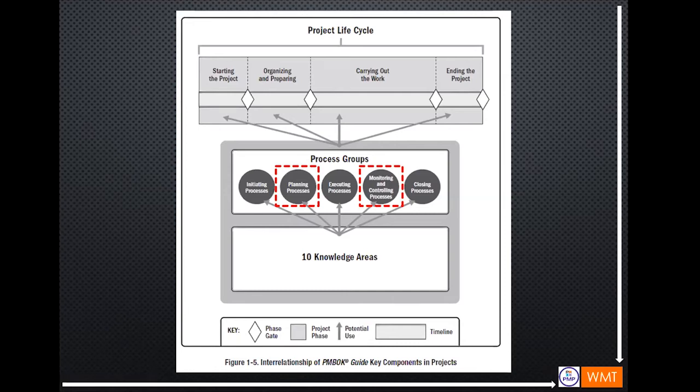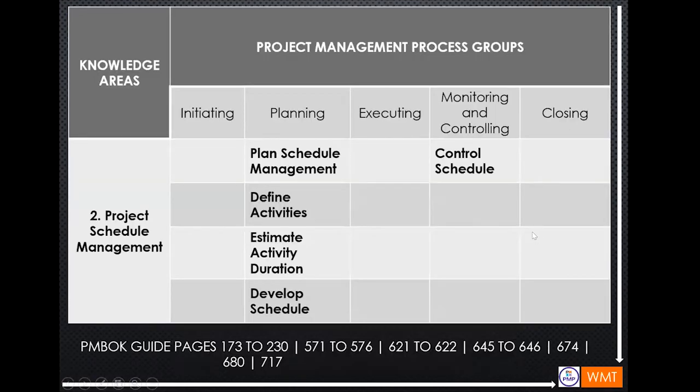Under project schedule management, there are only processes in the planning process group and the monitoring and controlling process group. This chart is showing the knowledge area with project schedule management. Below the planning process are plan schedule management, define activities, estimate activity durations, and develop schedule, and for monitoring and controlling is control schedule.